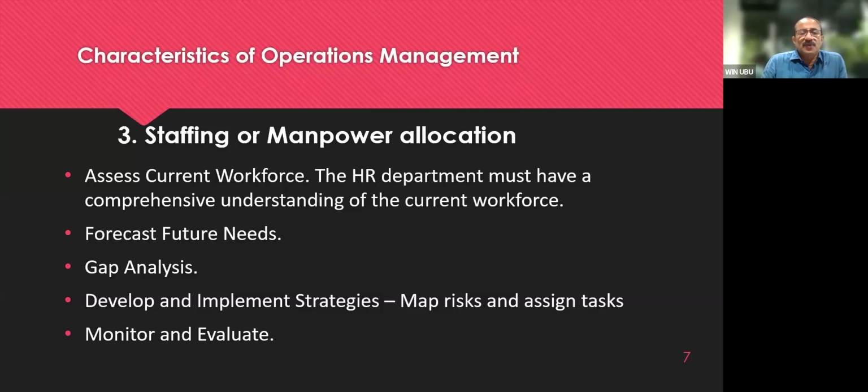Staffing, or appropriate manpower allocation, is very much needed for the successful achievement of the goals. First, they have to assess the current situation. As already mentioned, there is a plan, and planning is done in the beginning stages, so based on that they would have already planned the operations and assessed the requirements.